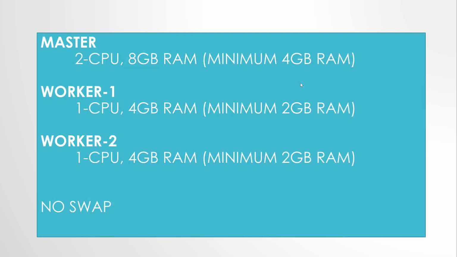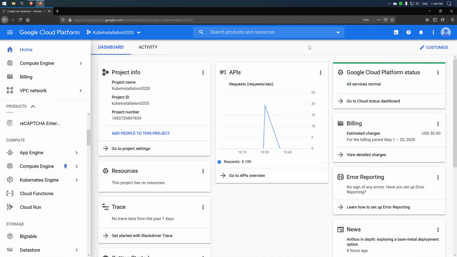The minimum requirements I am using for my master and the worker nodes are 2 CPUs and 8 GB RAM for the master, 1 CPU and 4 GB RAM for the worker nodes. The minimum requirement for the master would be at least 4 GB of RAM, and for worker it should be 2 GB of RAM. And the important step to be noted here is that there should be no swap file on all these virtual machines. Now I will quickly show you how to create a virtual machine in Google Cloud.